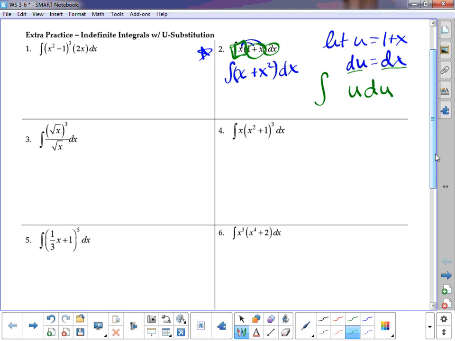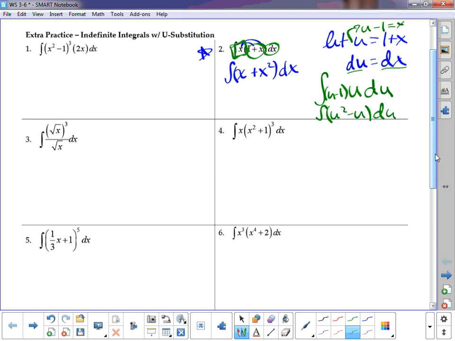I cannot have x sitting in my integral, but I do have u written in terms of x, so I can rewrite this as u minus 1 equals x. So I just subtracted my 1 over. Does that make sense what I did there? So then x is really just u minus 1, and I can substitute that in, and then I would still have to distribute u squared minus u du, and then integrate from there.